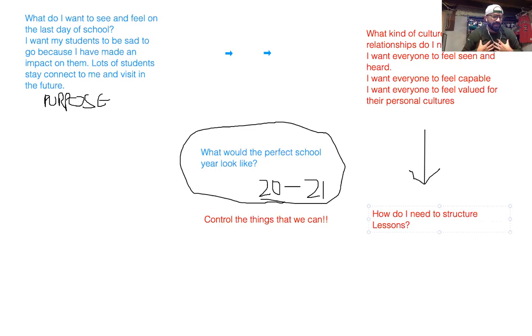If you're going to feel capable, you need to be challenged to do more than you think you could. If you're going to feel seen and heard, you have to have difficult conversations. And if I want to make you feel that your personal culture is valued, I need to give you opportunities to express that.